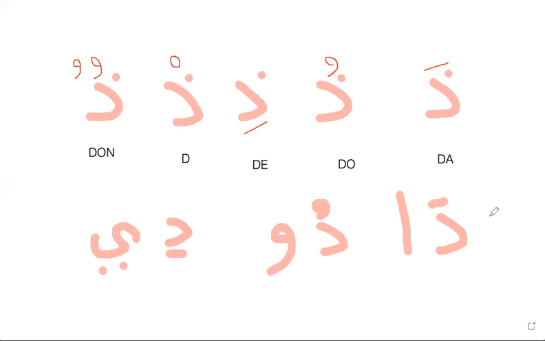I'm going to erase this because it's not dal, but dhal: the tip of my tongue is between my teeth. So dha, dhu, dhi, dha with sukun, very good. Dha with dammatan: dhun. With long vowel alif: dha; long vowel waw: dhu; long vowel ya: dhi. Very good.